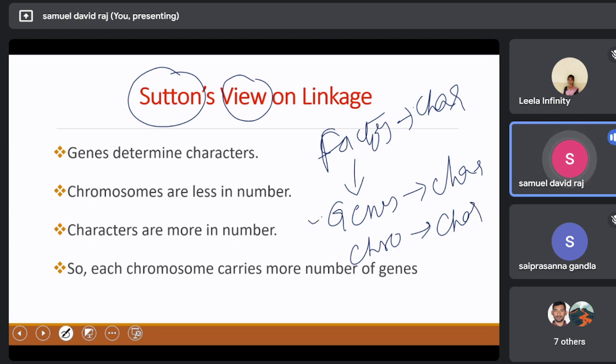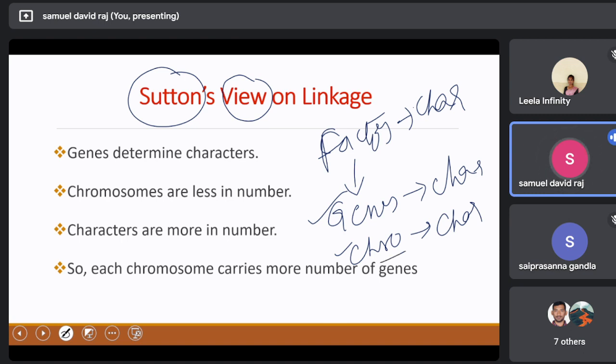Okay? So according to Mendel, genes are responsible for characters, but physically, genes are not getting transported. When observed under a microscope, chromosomes are getting transmitted from parents to offspring. And this we call the physical basis of heredity.